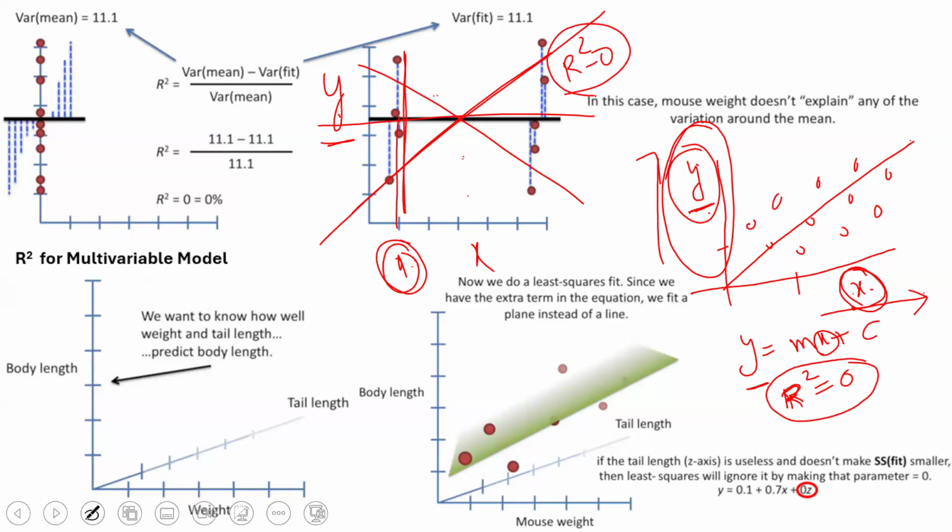Okay, so all you're doing with r square is trying to come up with a fit line that fits the data. That's all. You can fit the data if there is a relationship between those two variables, right? If there is a relationship between y and x, you can come up with a line. If there is no relationship, you cannot come up with a straight line.